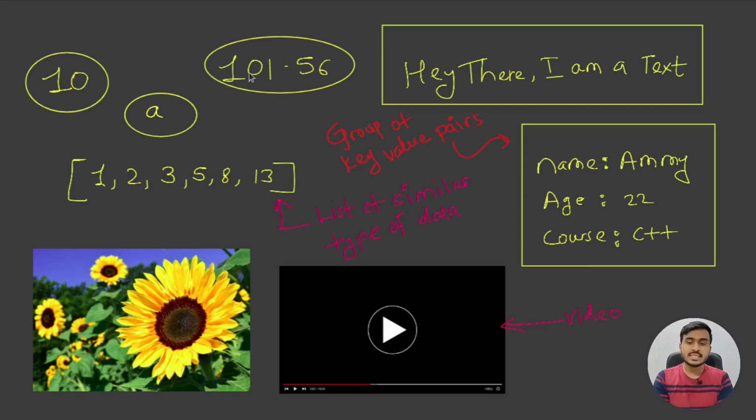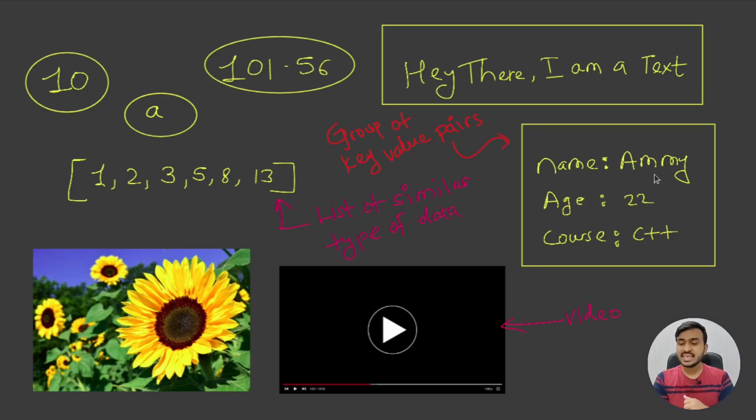This 101.56 is a fractional value, so in terms of programming we call it a floating value. The values in which some fractional part is involved are called floating point values. This value, which is a sequence of characters, or contains multiple characters, is called a string.